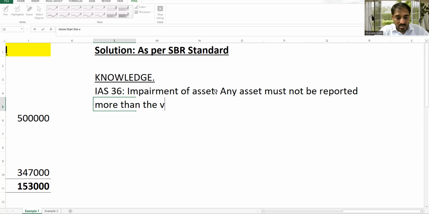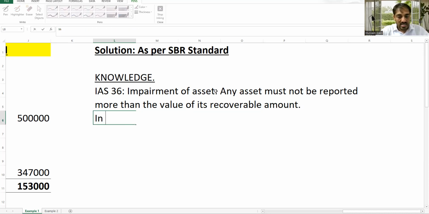the value of its recoverable amount. Number one. In case of impairment indication, you will mention impairment indication.